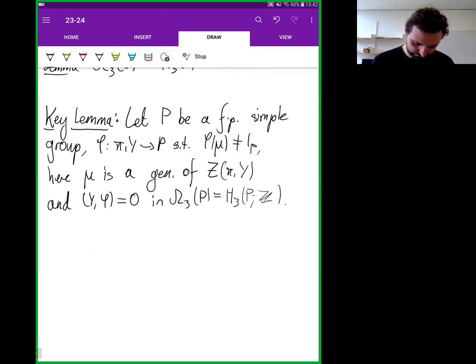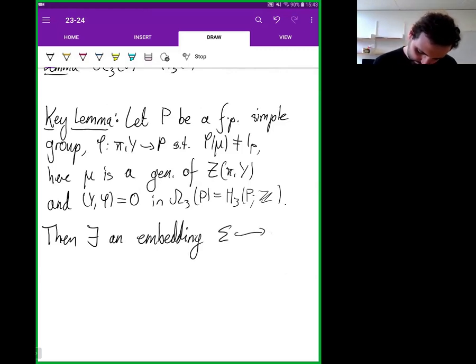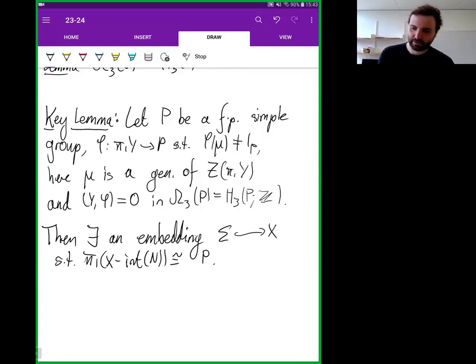So if all of that holds, then there exists an embedding sigma to x such that pi1 of x minus sigma, so rather the interior of n, I guess, is what the proof gives, is isomorphic to B.